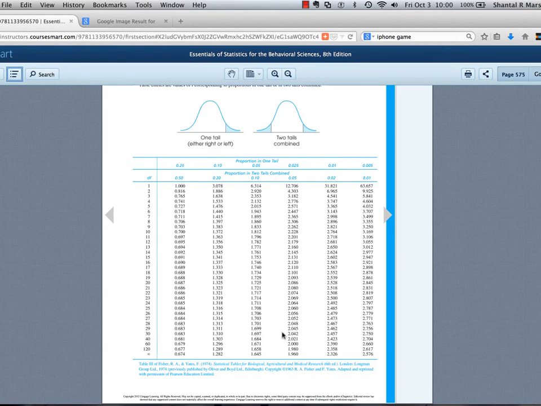So let's go back to the column we were looking at, right? So 0.05 at the two-tailed test, and we see that 30 has a critical t of 2.042, and 40 has a critical t of 2.021. So what we're going to do is play it safe and use the bigger t. Okay, so in this case, it's 2.042. So this ensures that for sure we have a significant effect if we find one.